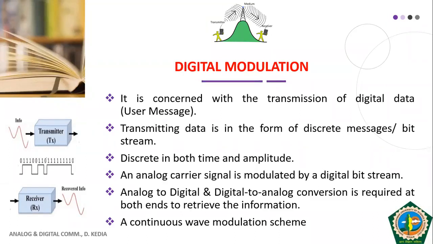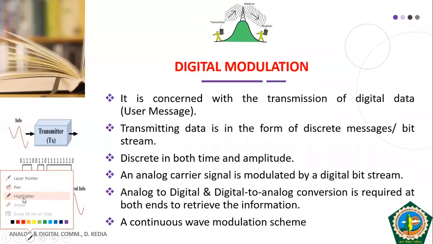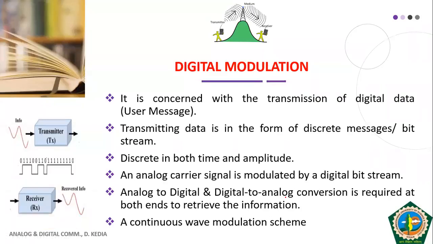So before we move further, we need to understand the concept of digital modulation. As is clear from the name itself, in digital modulation, we transmit digital signals. So digital modulation means the carrier is not digital; it is the information signal which is digital.